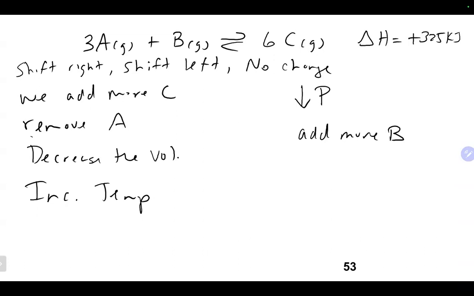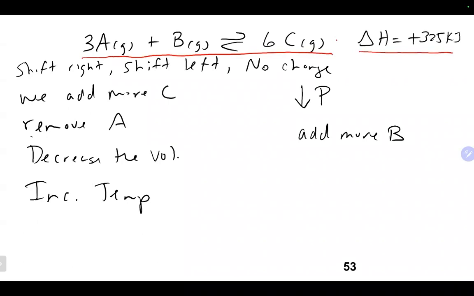All right, so for this reaction, if we do all these things to it individually, what will happen each time? First off, let's look at what we've got here. We have this equation, and we do have a delta H value given to us, which is basically our energy value.